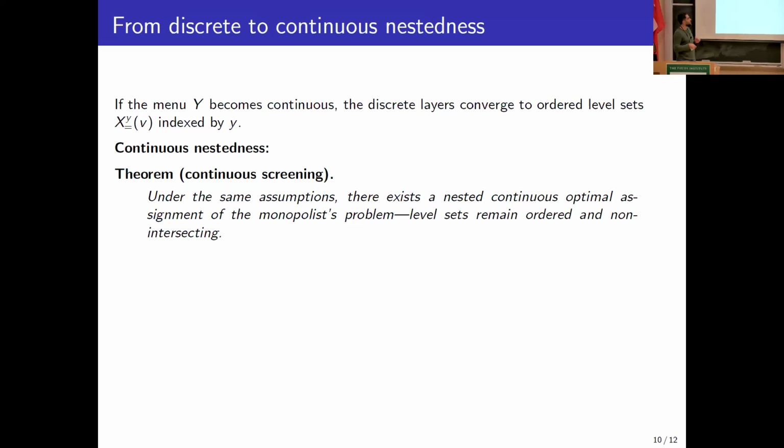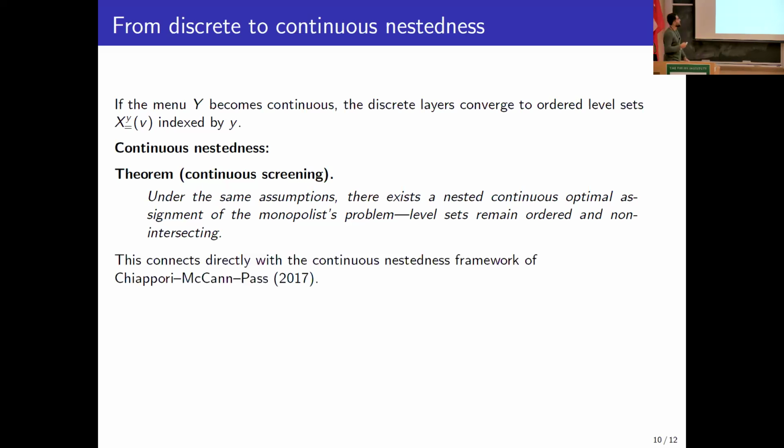So the level sets don't intersect, and it gives us a continuous allocation, which is not the usual case when you have matching across different dimensions. Discontinuity is the usual case, but here you will get a continuous one.